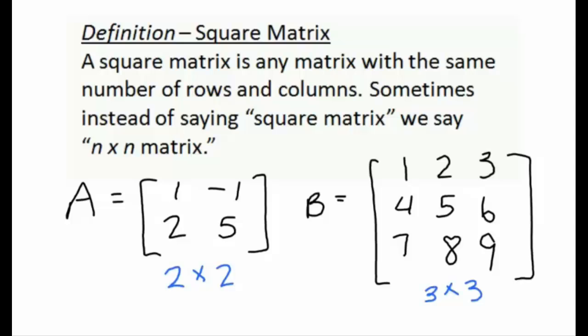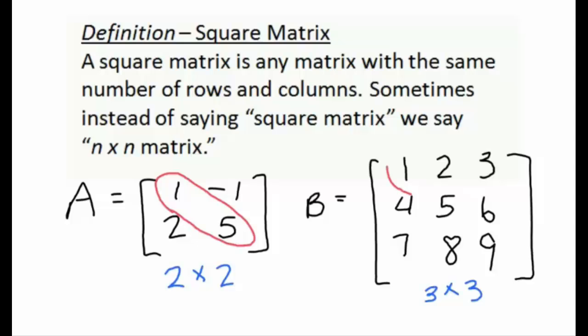Now square matrices have something that we're going to be using every once in a while, and that's called the main diagonal. The main diagonal consists of all of the entries where i is equal to j. For example, this is the 1, 1 entry, and this is the 2, 2 entry. So it's these values here that make up the main diagonal of matrix A. Similarly, for matrix B, this is the 1, 1 entry, 2, 2 entry, and 3, 3 entry.